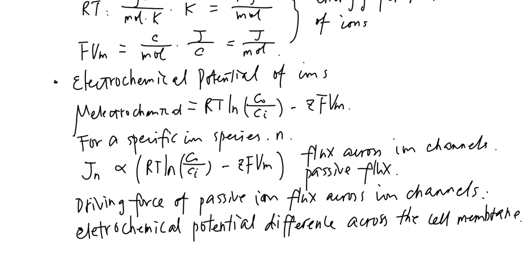When we say ion channels, this is a convention in the field. The word channel means a passive channel, where ions go through down the electrochemical potential gradient.